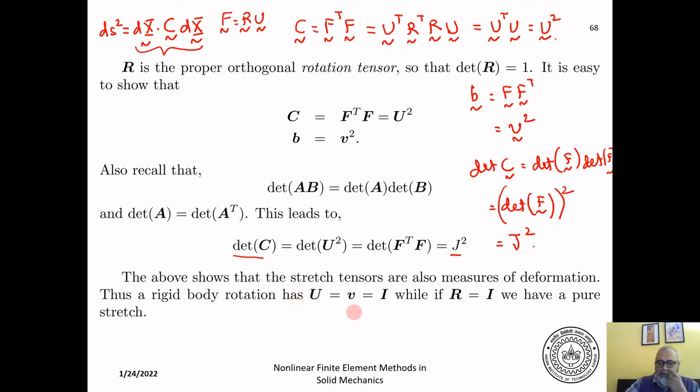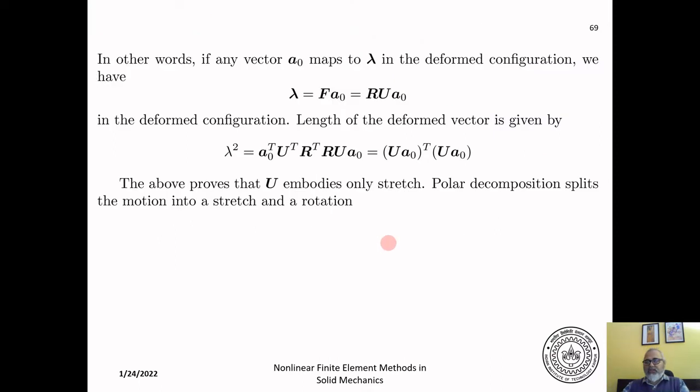When we have a rigid body rotation, we will see that U will be identity, and when we have a pure stretch, the rotation would be an identity. Now, what this polar decomposition does is it gives you a change in length in a slightly different way than we have done before.